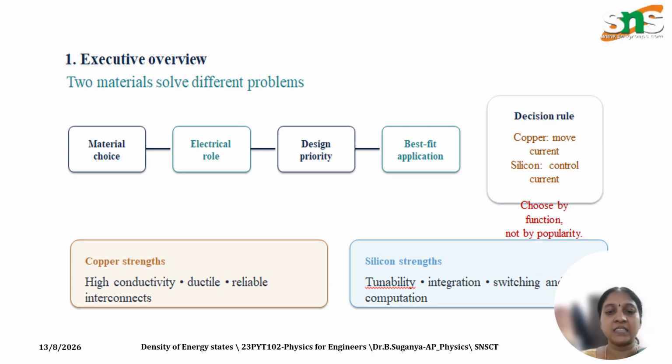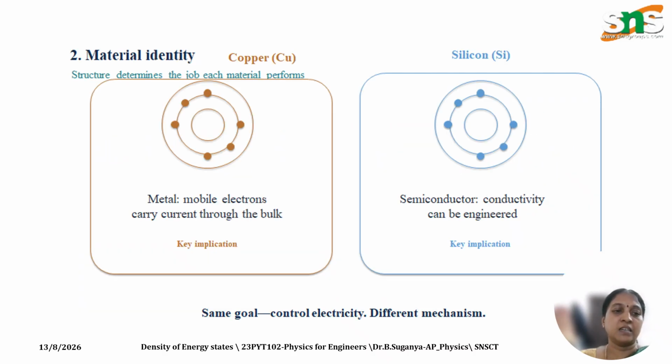Then silicon, the strength of silicon, next we consider. Silicon is a semiconducting material. We know silicon has four valence electrons, and each silicon atom forms four covalent bonds with the neighboring atoms.